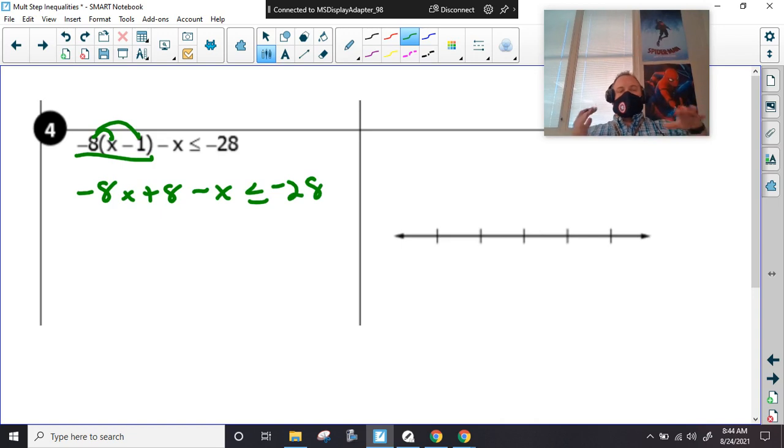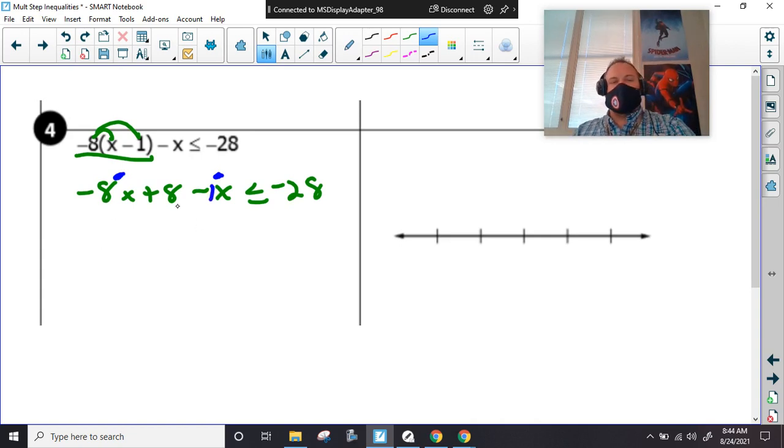All right. So we distributed. Negative 18 is chilling all over there by itself. But I've got these two x's that need to combine because they're like terms. They're on the same team. This is understood to be a 1.